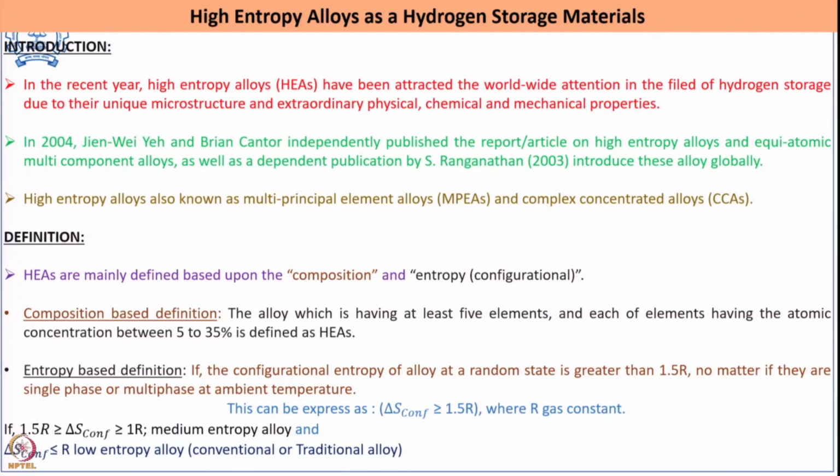So we will not focus only on generation of hydrogen. We have to focus on storage systems also, because there are fluctuations of the supply and demand. So the hydrogen should be stored for future applications. There are different challenges for storing the hydrogen. That's why we are studying hydrogen storage materials or hydrogen storage systems.